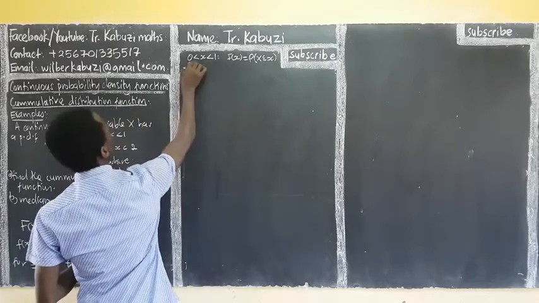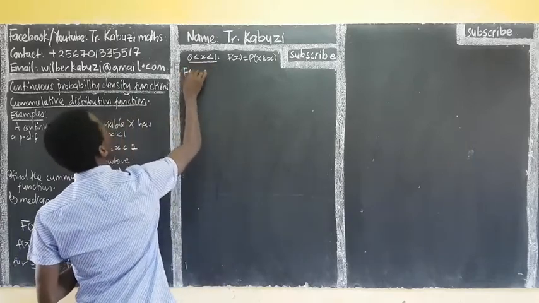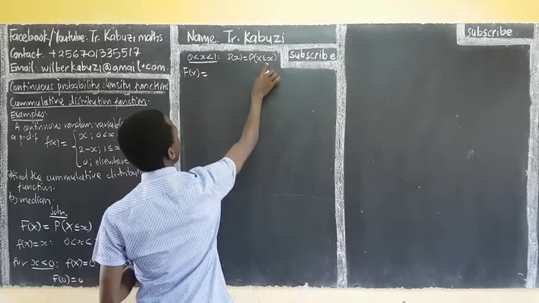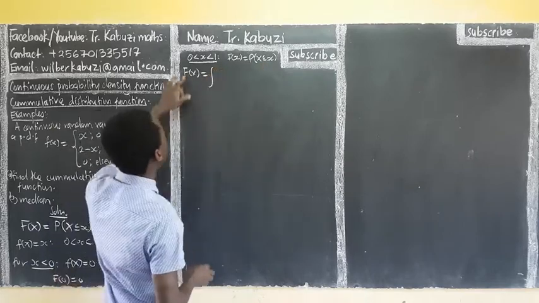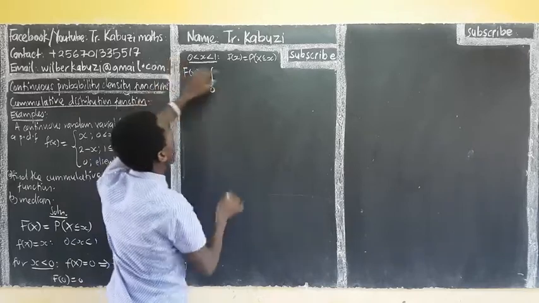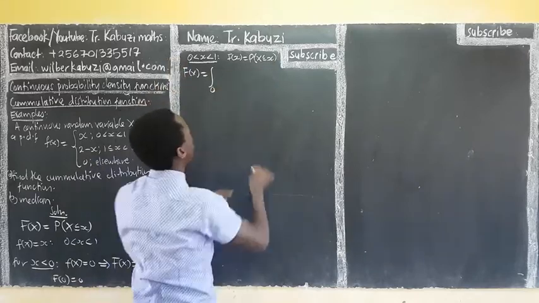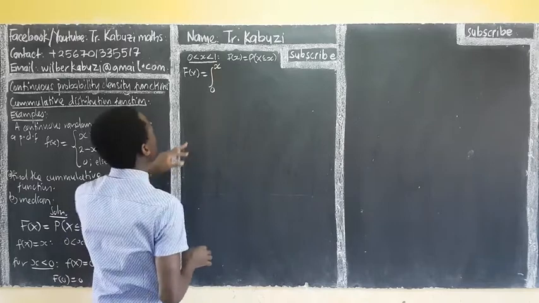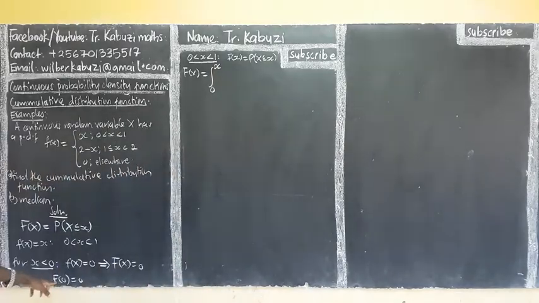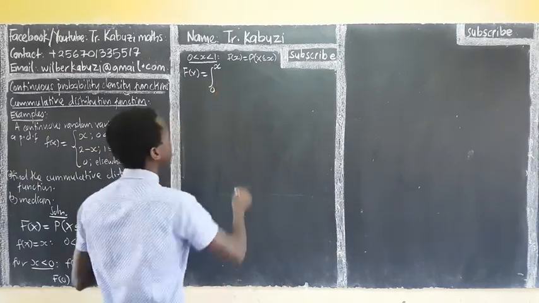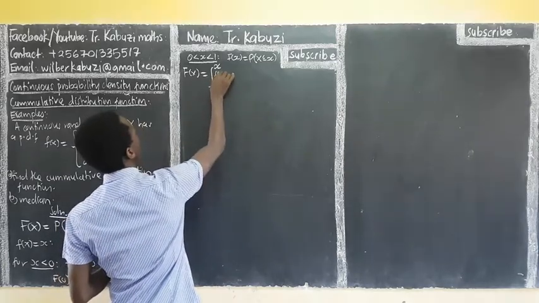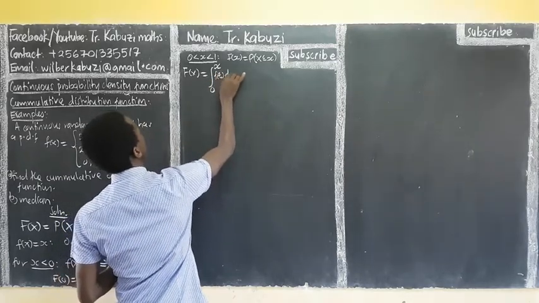So our capital F of x at this interval is going to be, remember this is where we are looking for, we shall start from 0 up to the x we are looking for. Now this is our function. We change it to t so that we don't confuse it with this x. So that's why we get f of t dt.